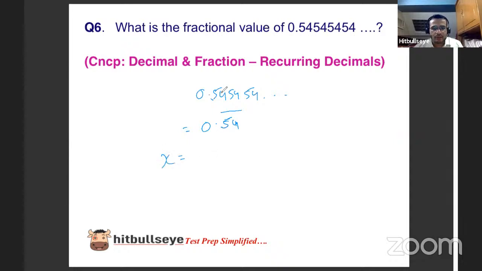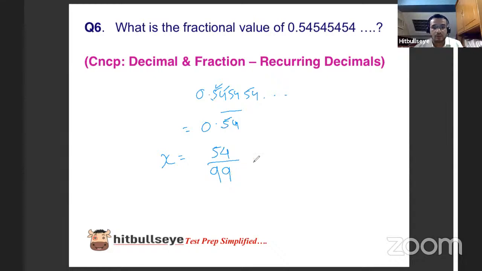We write down the term which is repeating, 54, divided by as many nines as the number of repeating digits, which is 99. There are 2 digits repeating, 5 and 4, so I'll write 9 two times.